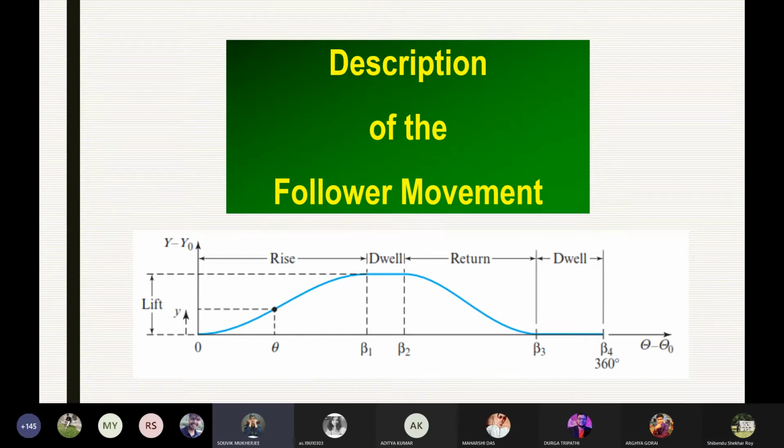Sir, can you tell us which one is theta Ri? Instead of beta 1 here, you just think this is theta Ri, because I like to use this symbol, theta Ri. That means 0 to this.